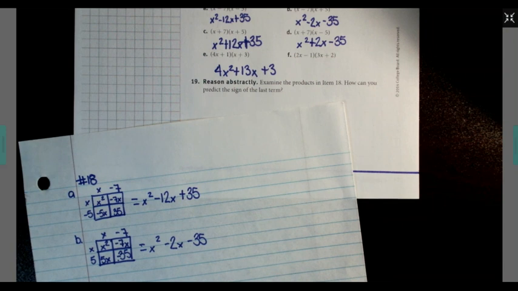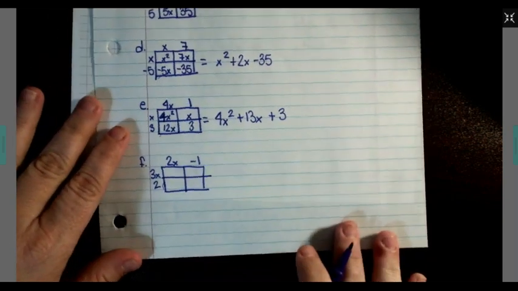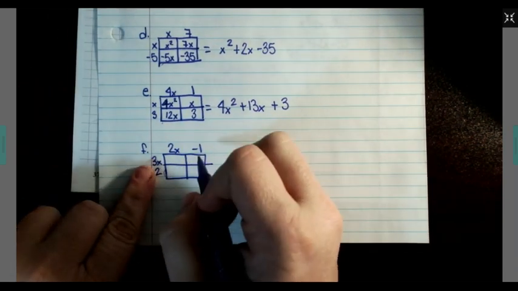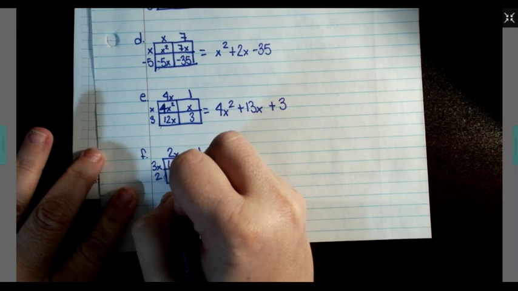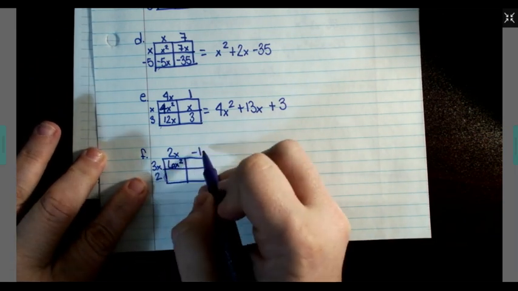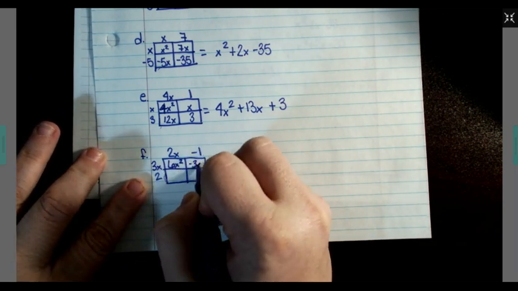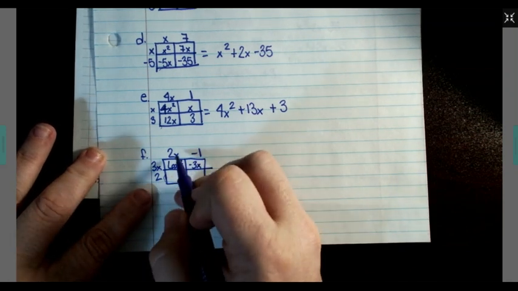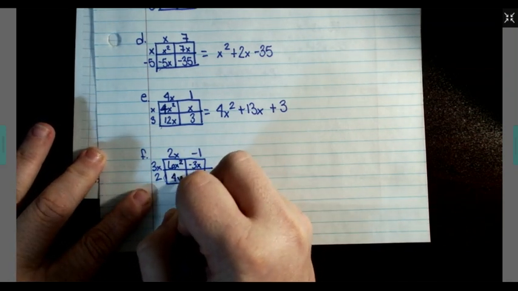F has got 2x and a negative 1, and 3x and a positive 2. Okay, 3x and 2x is 6x squared. 3x and negative 1 is negative 3x. 2 and 2x is 4x.